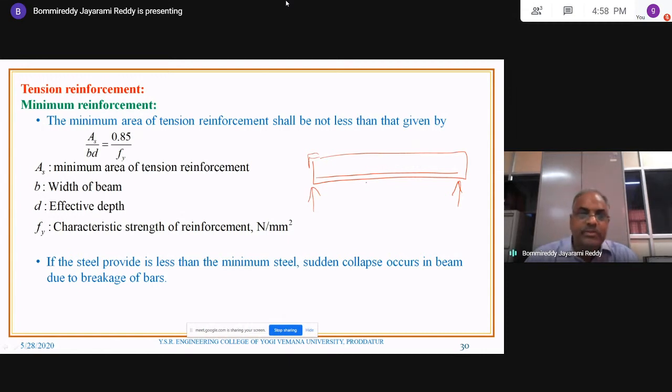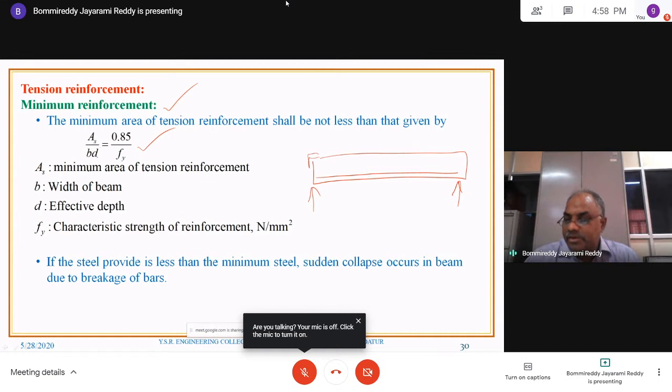That should be more than the minimum value and less than the maximum value. Here, the code gives the minimum quantity of reinforcement. Minimum reinforcement is given by As by bd equal to 0.85 by fy. This is the formula in the code, and you have to remember it.